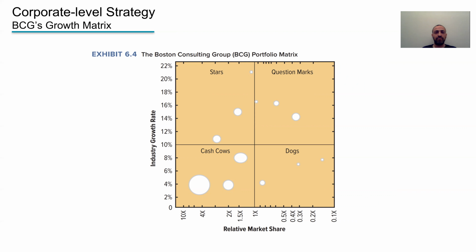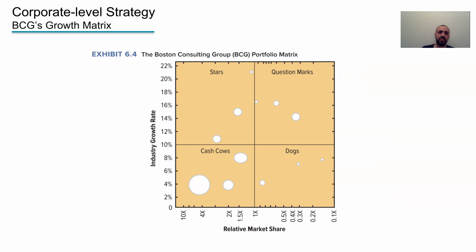Question marks are completely under question because whether they have high market share or whether they have low market share, on the other side, the industry growth rate is high or vice versa. So you have to make decision whether you want to change them to dogs or stars. But dogs, it's strongly recommended to be removed.